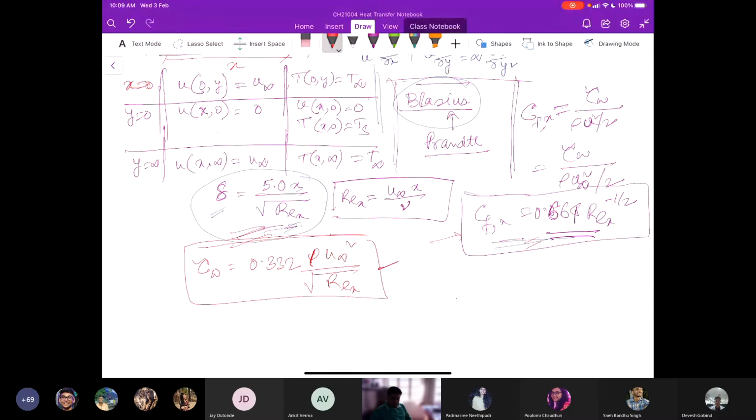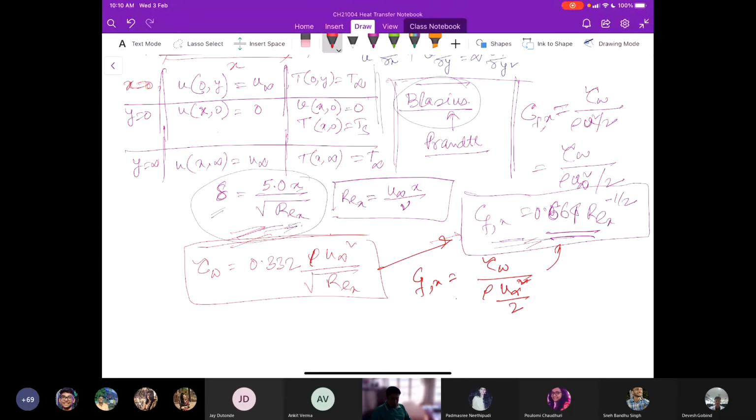Fine. Now from here we can get these expressions, because we know the local friction factor is nothing but the wall shear stress divided by rho u squared by 2. You replace it here, you get this expression.